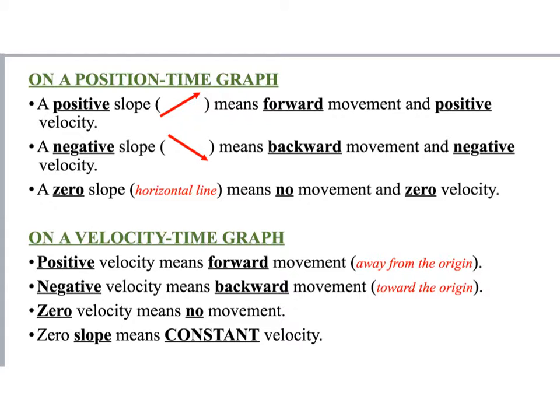If the line is negative, a negative velocity means the object is moving backward or back toward its origin. A zero velocity means that the object is not moving. But in this case, a zero slope or a flat horizontal line just means that the object has a constant velocity. Pause the video now if you need the extra time to copy this onto page 7.